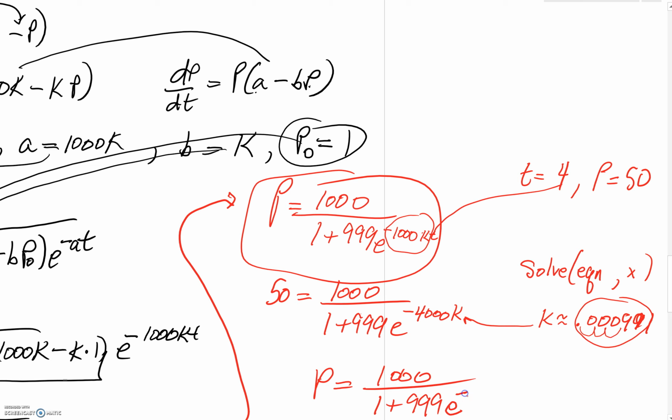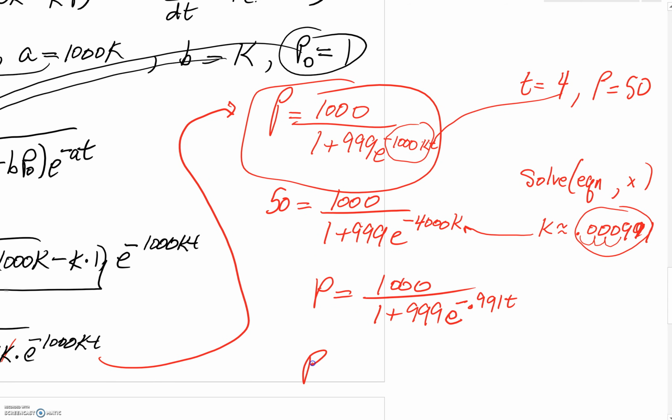So you'd have an e to the negative 0.991t, roughly. And then they want you to find out what's happening on day 6. You could just type in t equals 6 and get an estimate. I will leave it up to you to check that this is correct, that you would get about 277 students.